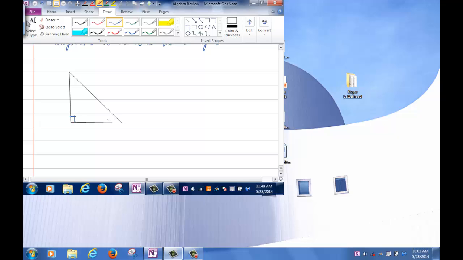Let's say this angle here is theta. Okay, this angle is theta. And I want to define the trig functions at theta, okay?